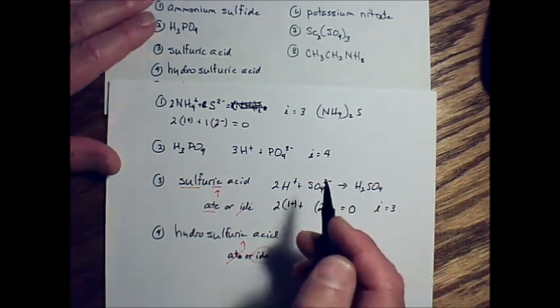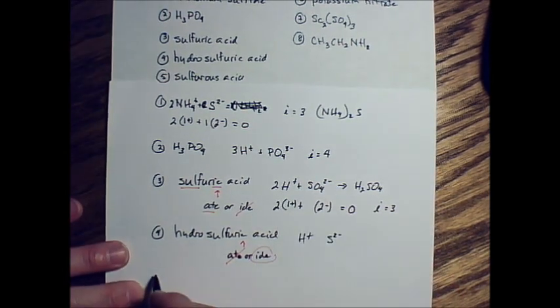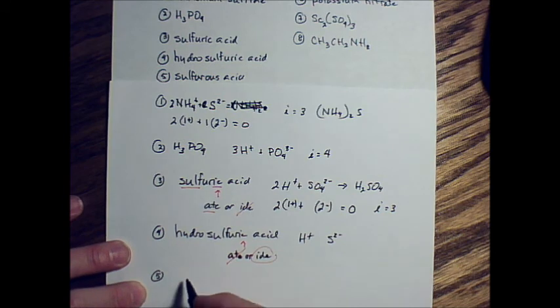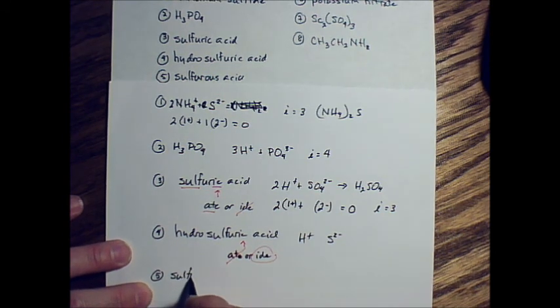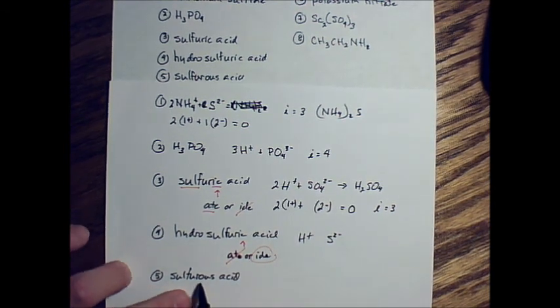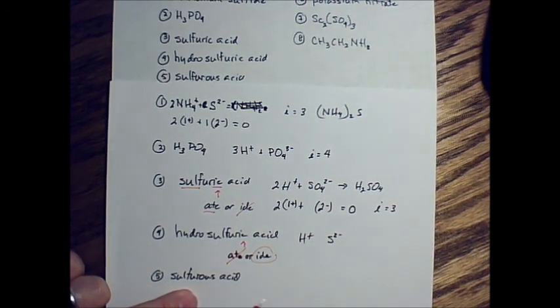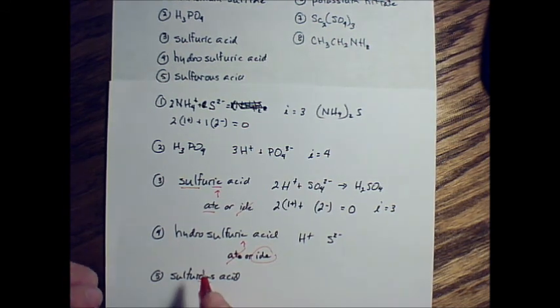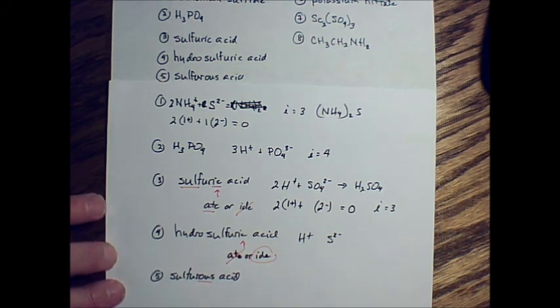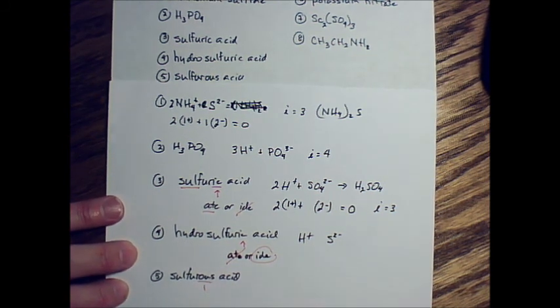Okay, let's see. Number 5, sulfurous acid. So, Kayla, here's the question you were asking about. I know you use iodine on the OUS, but I was wondering why you put iodine. Okay. The OUS ending here comes from only one kind of polyatomic ion, a polyatomic ion that has an ITE ending.